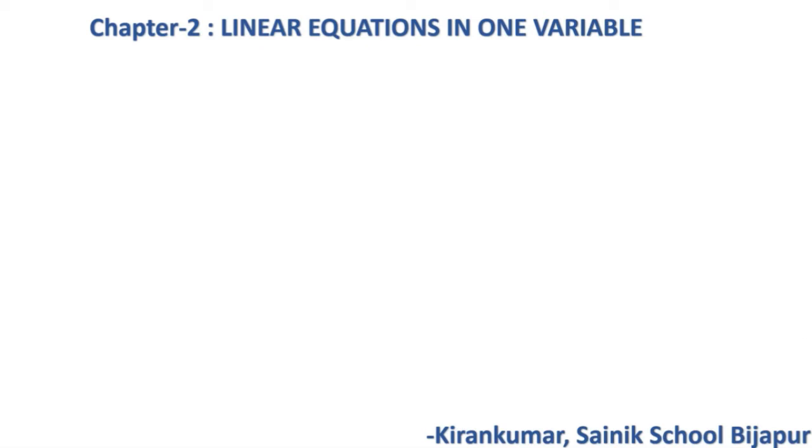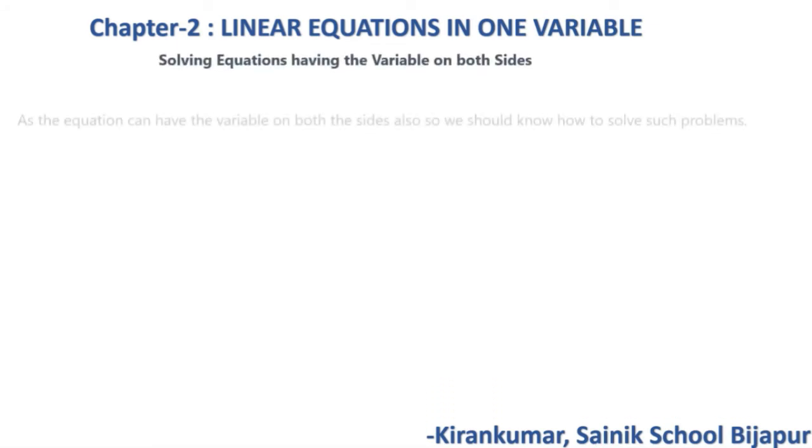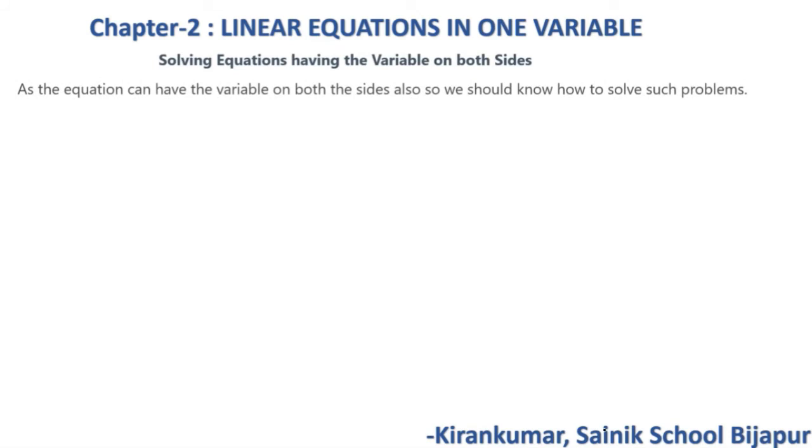Let us learn how to solve the equation having the variable on both the sides. As the equation can have the variable on both the sides, we should know how to solve such type of problem.